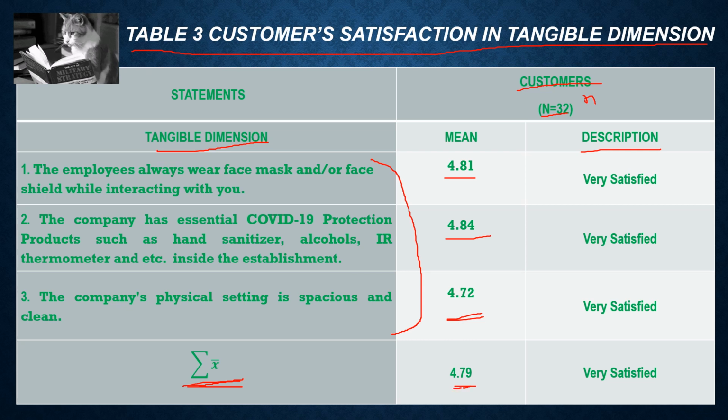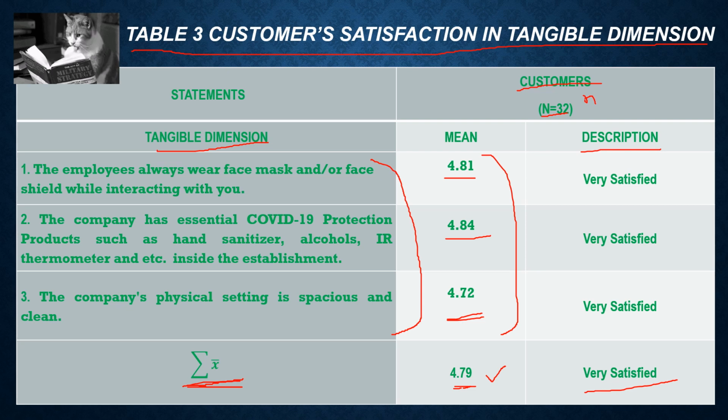which is 4.79. How do we get this one? Just add these three: 4.81 plus 4.84 plus 4.72, divided by 3, the total is 4.79. For the description, just follow the criterion continuum that I gave to you, or you can also go back to the previous slides that I discussed a while ago.